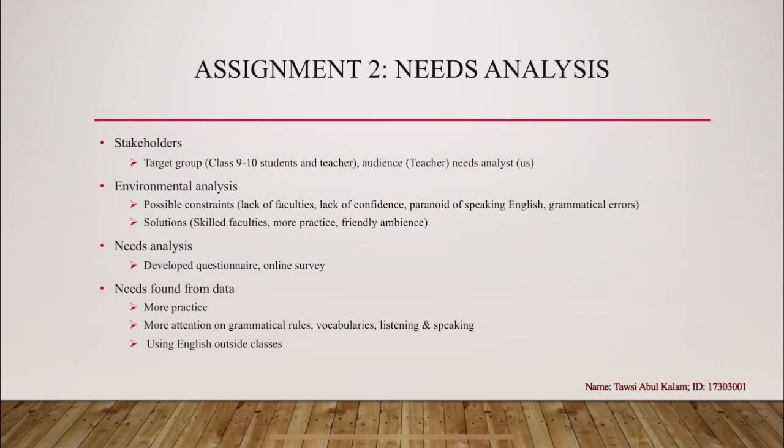Lack of faculties, basically the lack of teachers and of proper teaching methods, are also possible constraints. The solution for this is obviously that we need teachers who are truly proficient in English and can teach English for both academic and communicative goals, in order to attain the ultimate goal of learning.